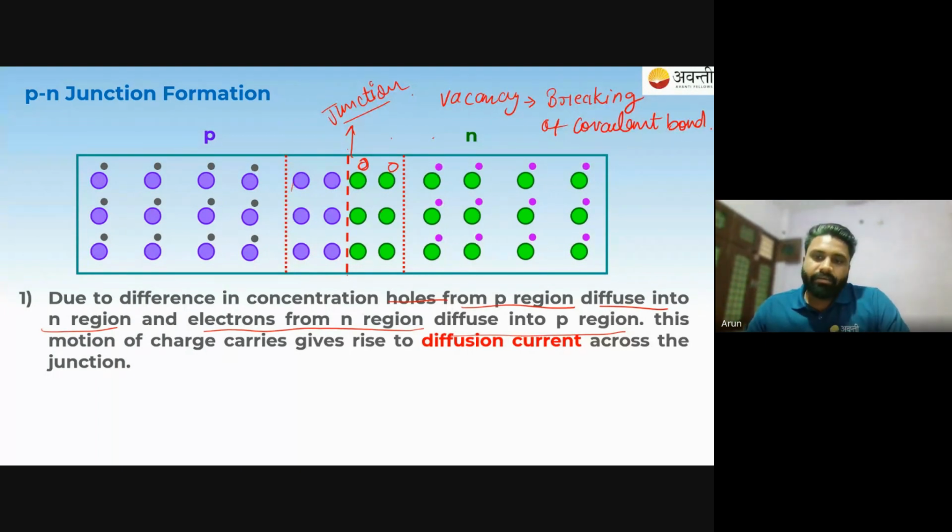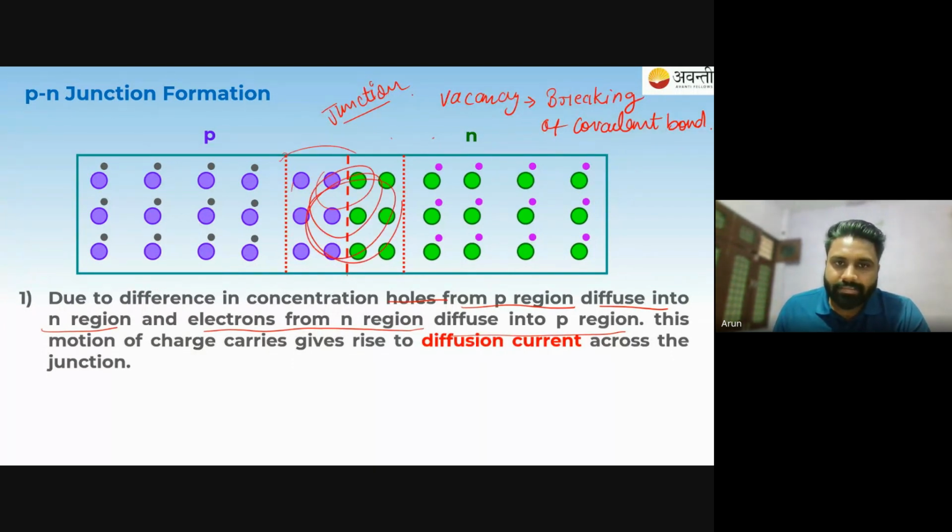Similarly, these holes are also trying to go from high concentration to low concentration for balancing. Okay, but you will remember one thing, only the electron is moving, not the hole. The only movement responsible for this whole combination is the motion of electrons. So now, if you see carefully, in this region there are no electrons and holes remaining.